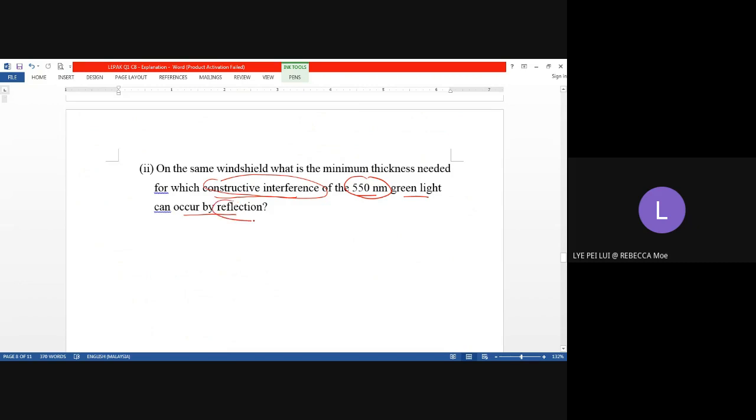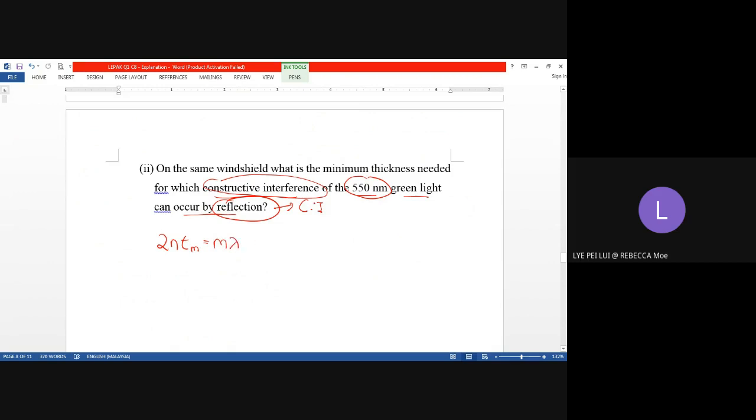The equation I use for constructive interference is 2nt_m equals m lambda.